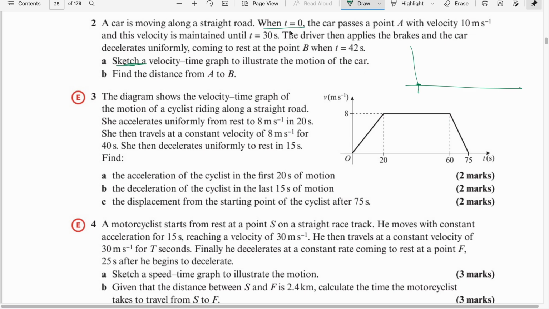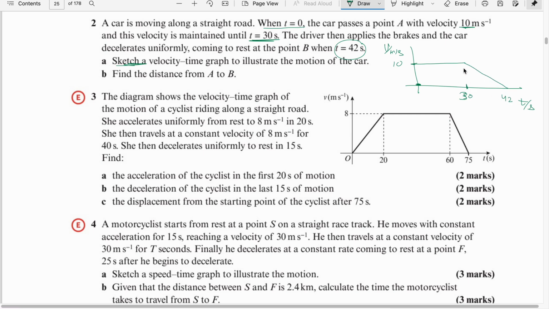Okay, when the car passes at time 0, it passes with velocity 10 meters per second. So we are somewhere here. 10 meters per second, velocity, time in seconds, velocity in meters per second. For the first 30 seconds, we draw a straight line, and then it comes to rest at 42. That's a further 12 seconds.